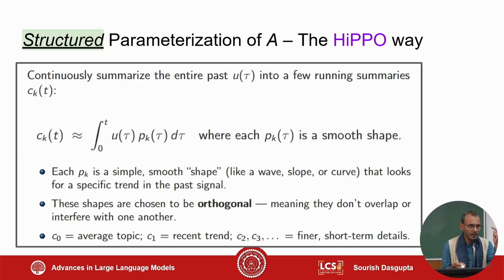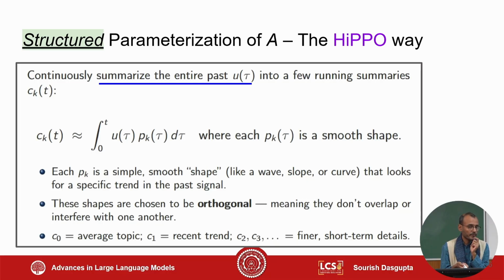Every P wave which you are integrating over represents the detailedness of whatever is going on in the memory. But it's a summarized version. The summarized version is more important, right? That is the key philosophy of Hippo.